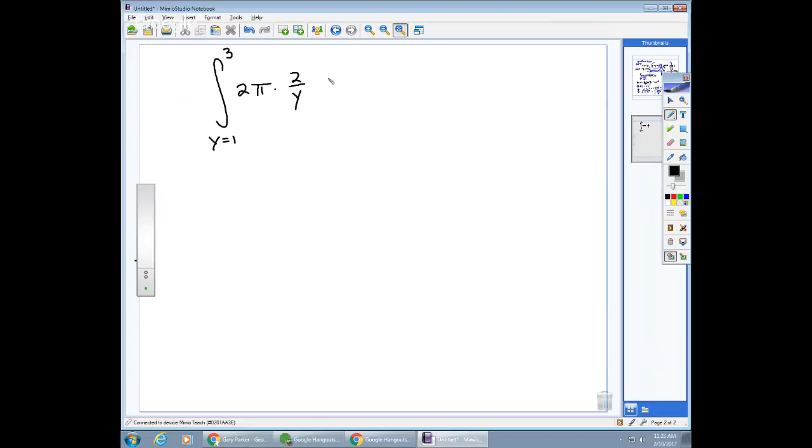And then my Pythagorean theorem part is the square root of y to the 4th plus 4 over y squared. Is that right? And again, we're integrating with respect to y.